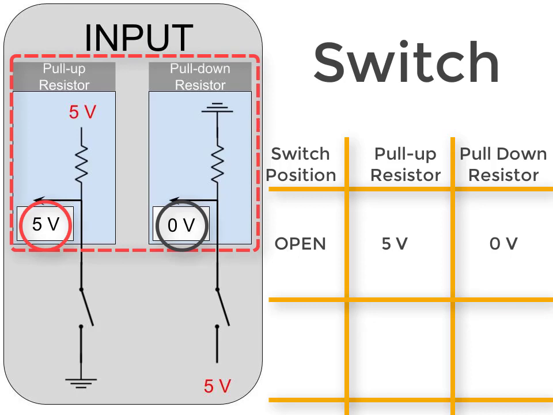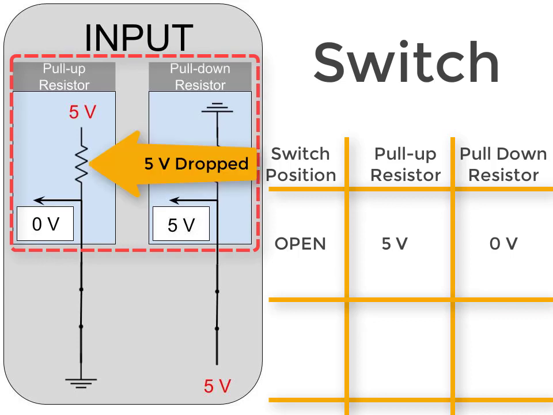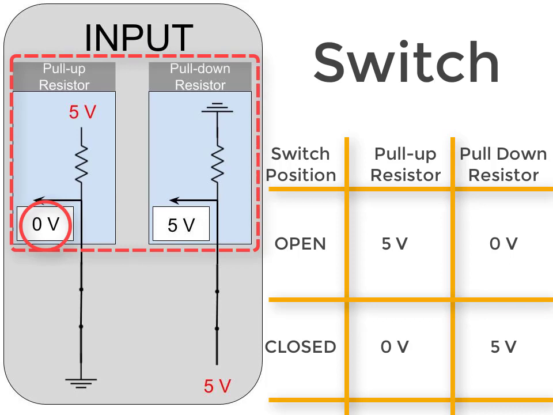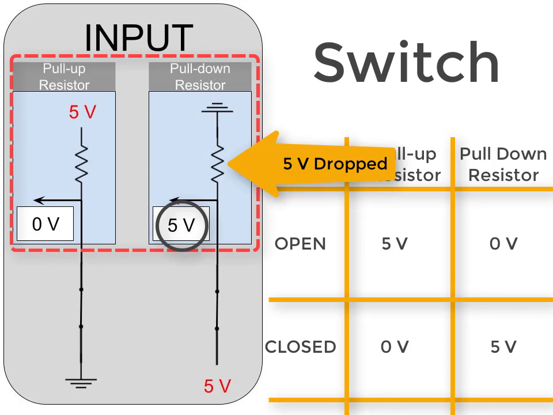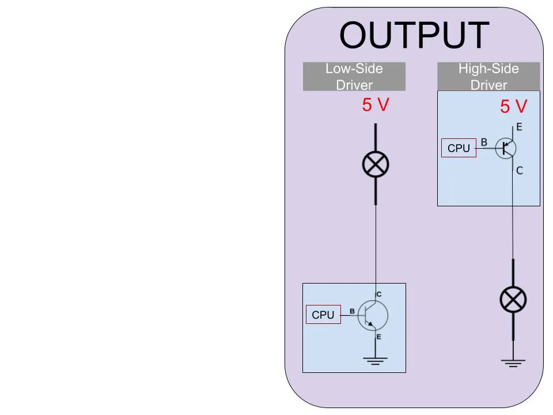When we close the switch on a pull-up resistor, that drops the voltage at the pull-up resistor and we read 0 volts. On the pull-down resistor, when we close the switch, we are dropping the voltage at the resistor. However, we're measuring the voltage prior to the resistor, so we have a change of 5 volts for a closed switch on a pull-down resistor.